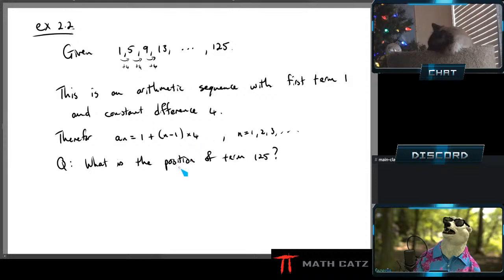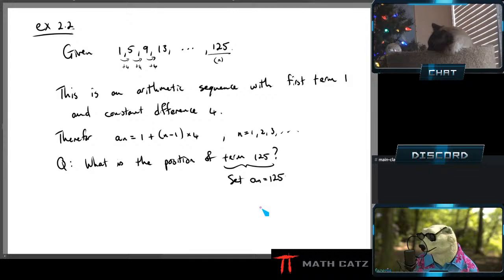If I know the position of that term, then I would know how many terms there are up to that point, because the position counts them perfectly: 1, 2, 3, 4. That position is the only unknown on the right-hand side of this formula. So for term 125, I can set my general name for the term as 125, and then find what n, the position that corresponds to it, is.